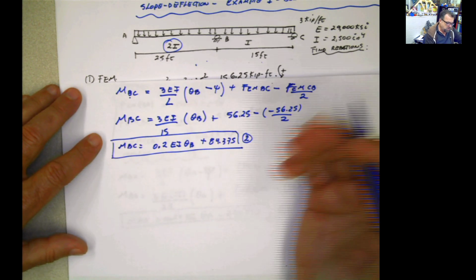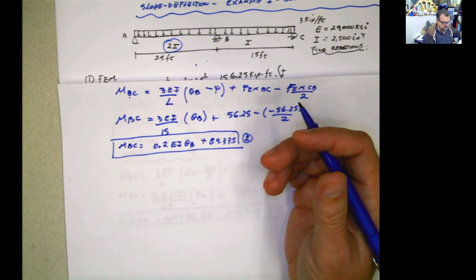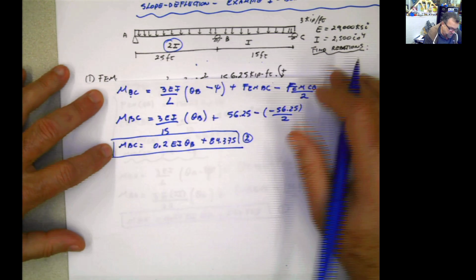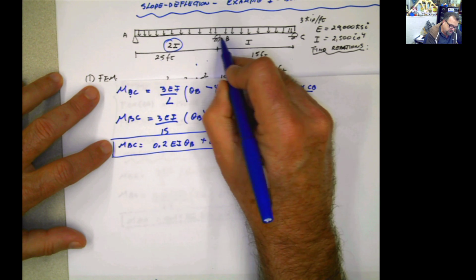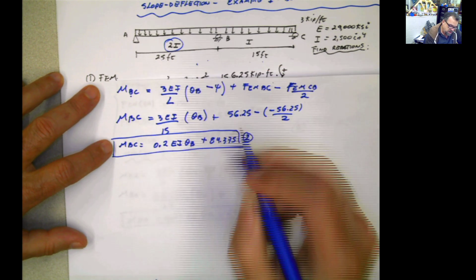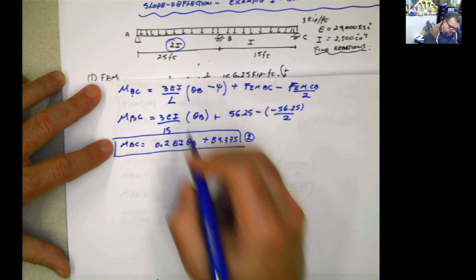The third equation has to come from equilibrium and compatibility, but now compatibility from the equilibrium point of view, not the displacement point of view. So if you look at, for example, the support B, when you study that, look at what happened here.